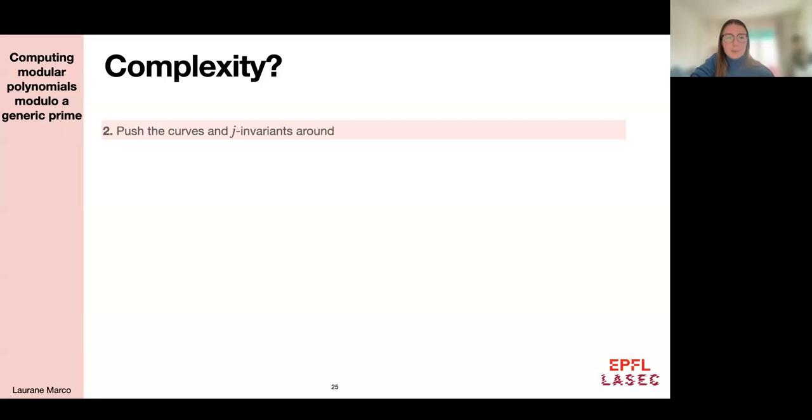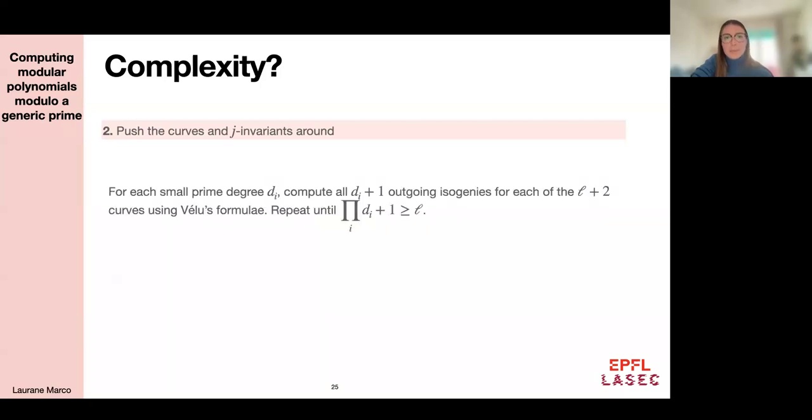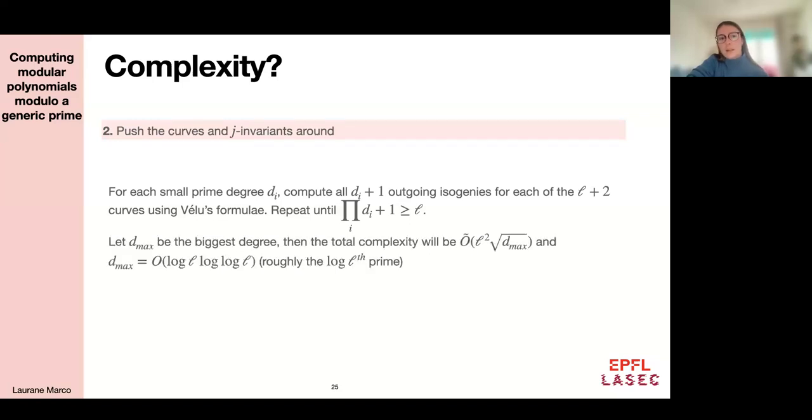Then you need to do this pushing curves around step. For each small prime degree d_i, you're going to have to compute all d_i+1 outgoing isogenies for each of the L+2 curves that you have using Vélu's formulae. And you repeat that enough times such that the product of the d_i+1 is greater than L. If we consider d max to be the biggest degree that we're going to have to compute, our total complexity is going to be about O-tilde of L squared times the square root of this maximum degree.